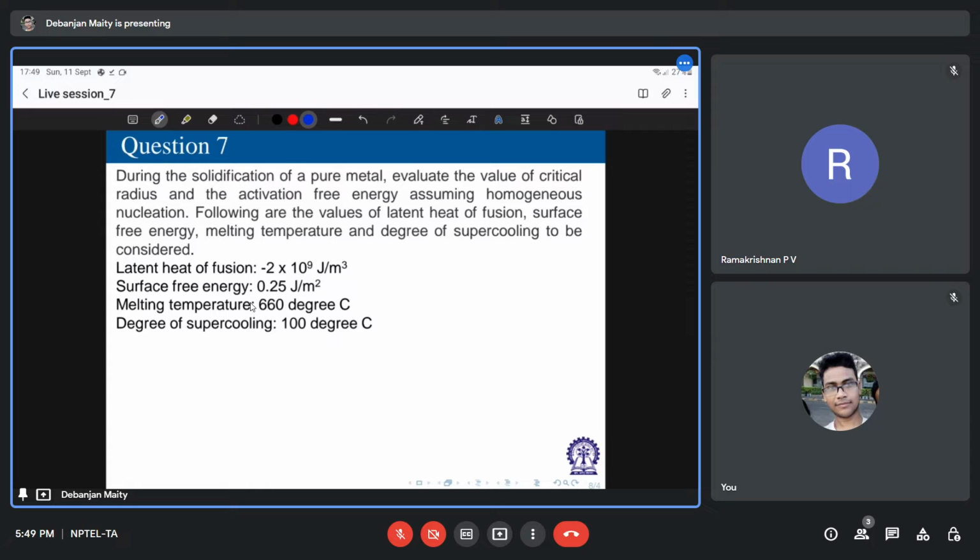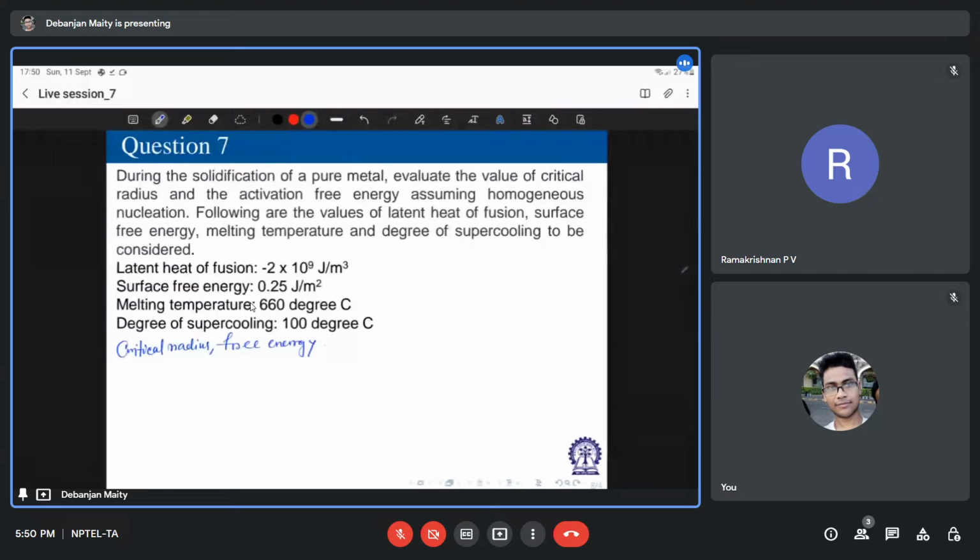So there is some function of this critical radius and free energy to create a surface for spherical particles, right? So we need to evaluate the value of critical radius and the activation free energy, assuming homogeneous nucleation, and following are the values of latent heat of fusion, surface free energy, melting temperature, and degree of supercooling.